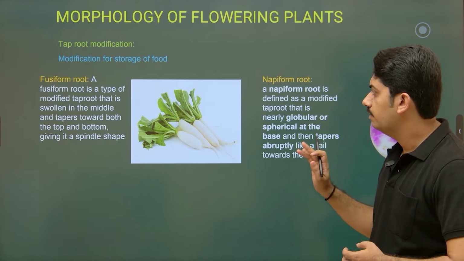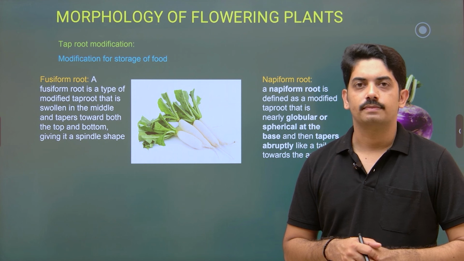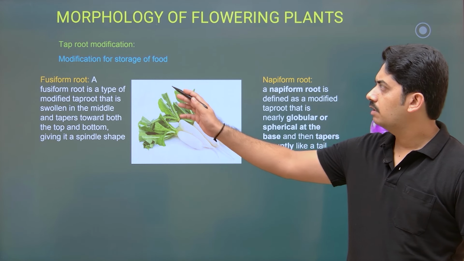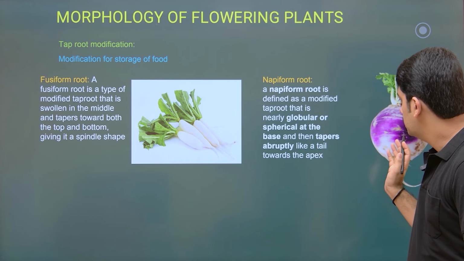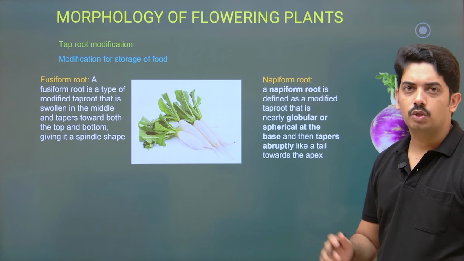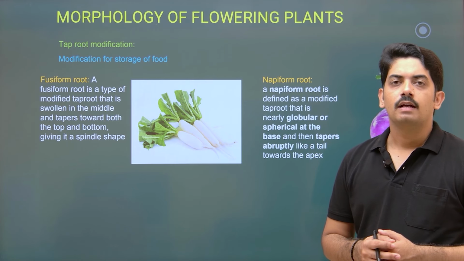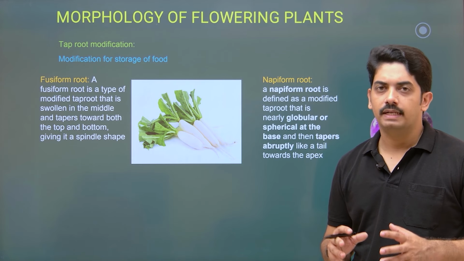Next part is very important, it is about the modifications of the root. Root modification, in that modification for storage of food. The two pictures just observe, these are the roots. They are modified for storage of food. But based on different shapes, they have been given different names.